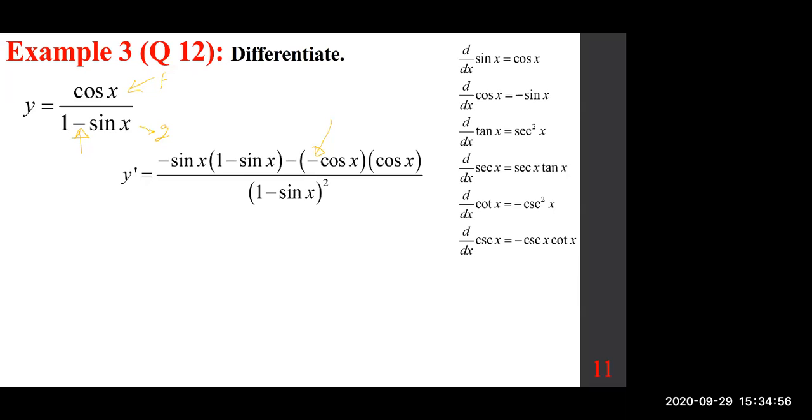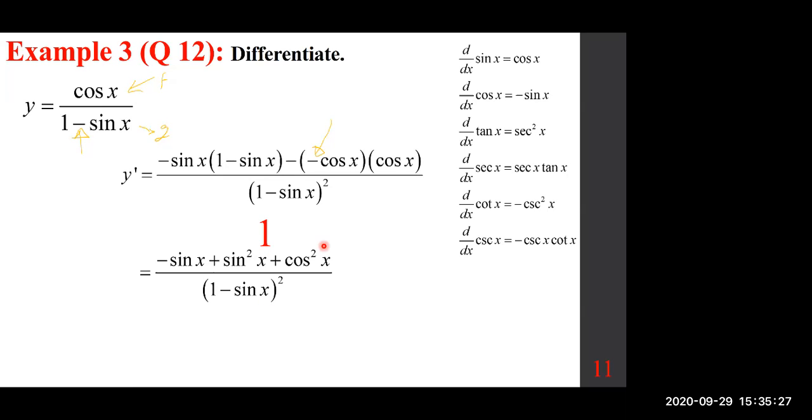When we distribute, the top becomes minus sine x times 1 is minus sine x, minus plus sine squared plus cosine squared. And these two cancel out, and they give us just positive 1. Sine squared plus cosine squared is 1.